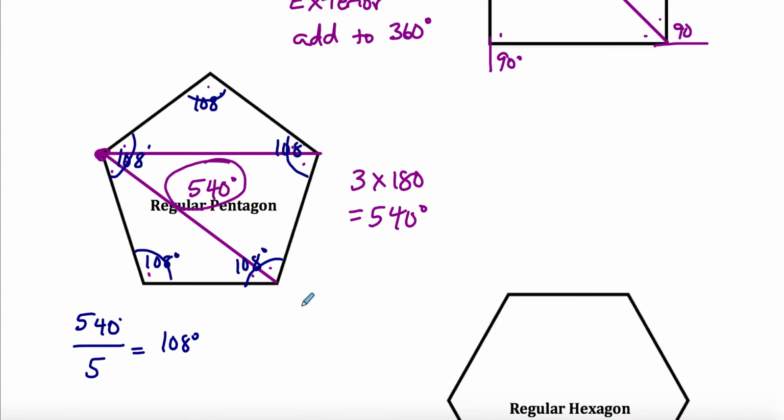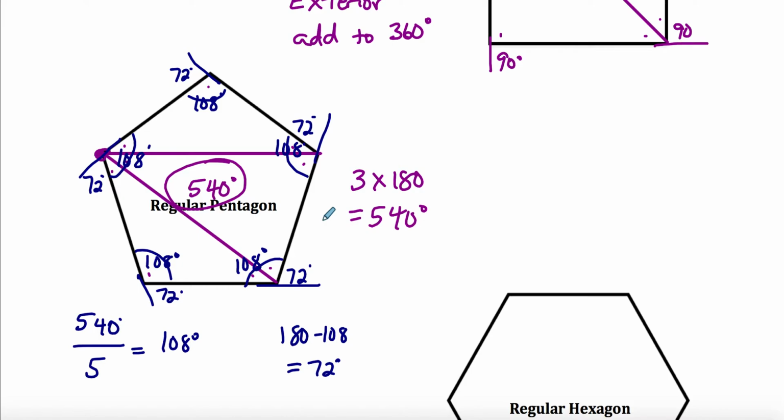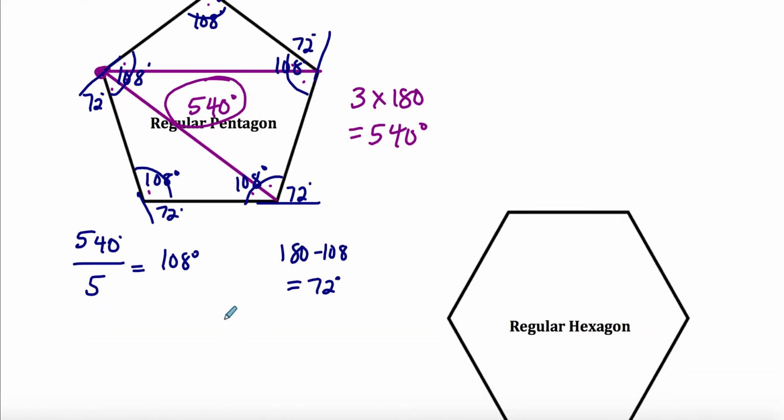So what does that mean for the exterior angle? So remember, if this is a supplementary angle, 180 minus 108, I get 72 degrees. So the exterior angles are all 72 degrees. If each exterior angle is 72 and I have 5 of them, what does that add up to?